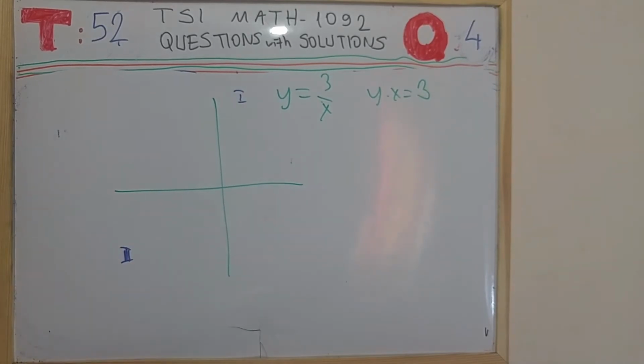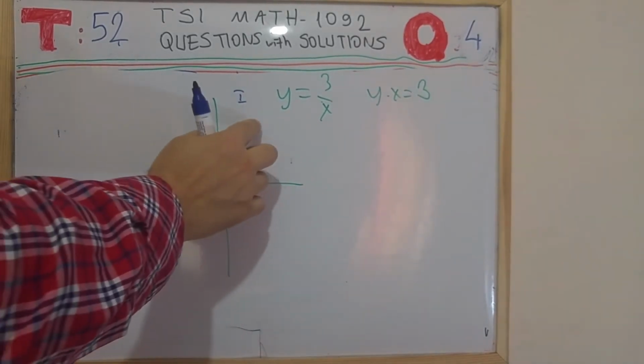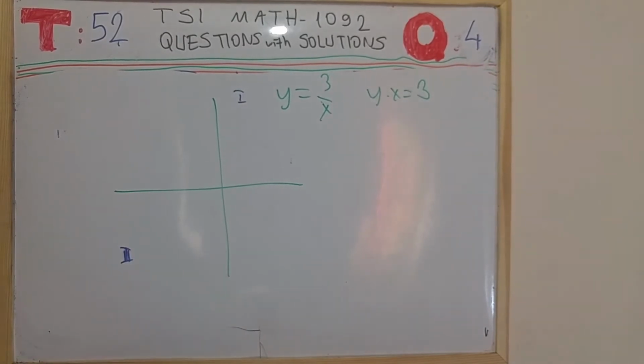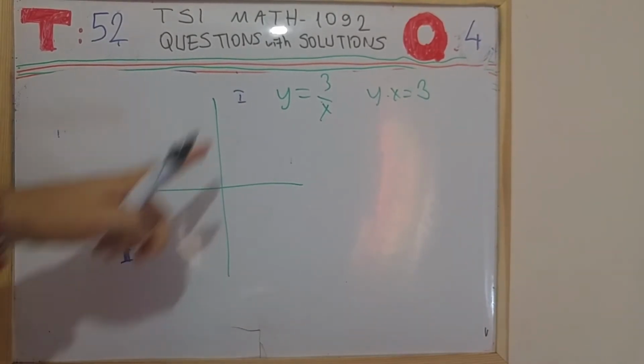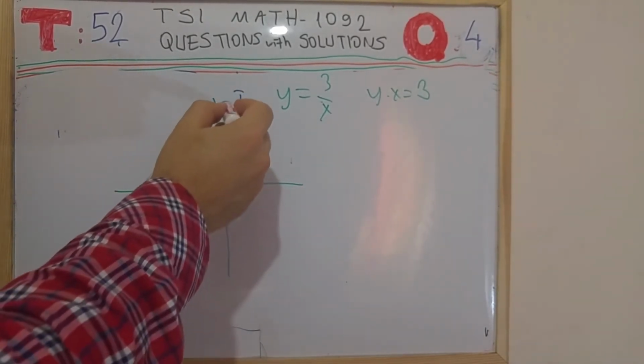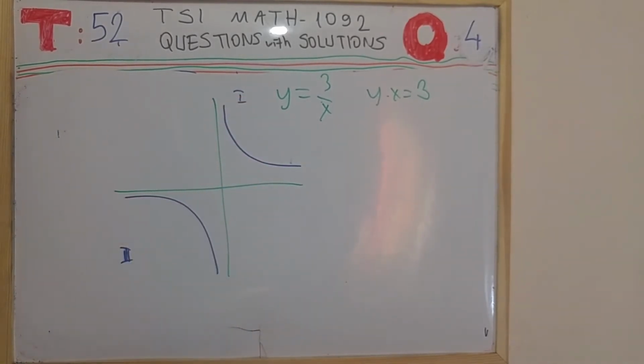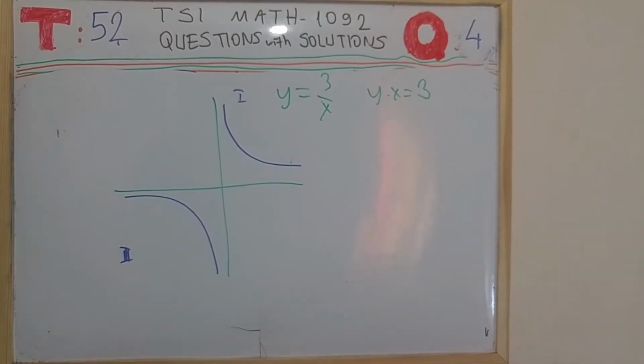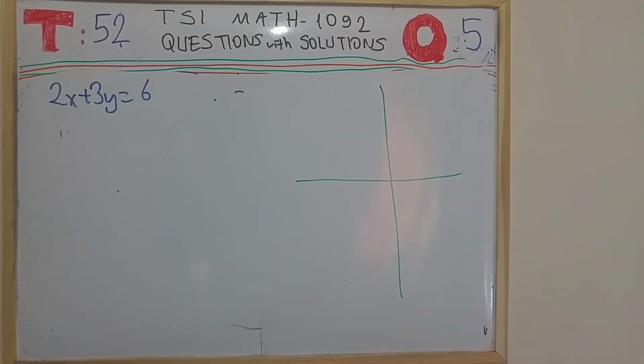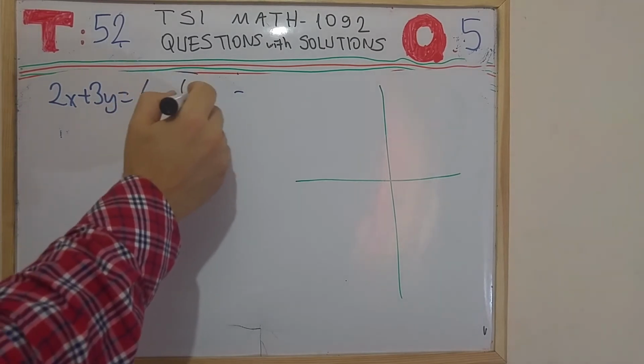So my choices must include regions 1 and 3, and we know that this is not a linear graph, so it must have some sort of shape like this, which is repeated in region 3, which makes the answer B.